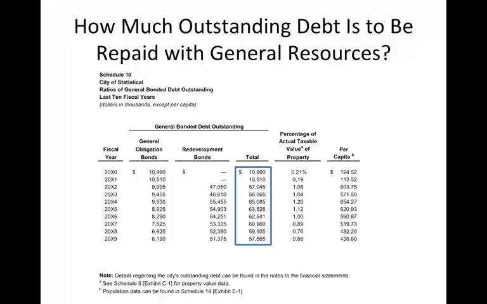So you can do a percentage change looking specifically at this kind of debt, even though that general obligation debt has dropped considerably from almost $11 million in 20X0 to under 6,200 in 20X9. They have these redevelopment bonds, which added almost 5 times as much debt.